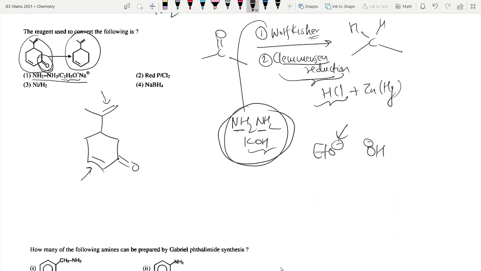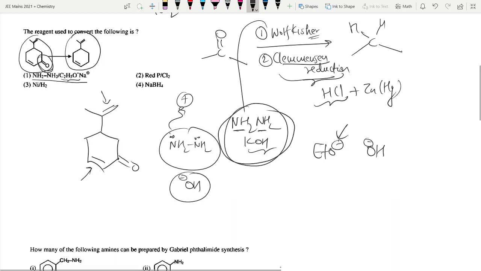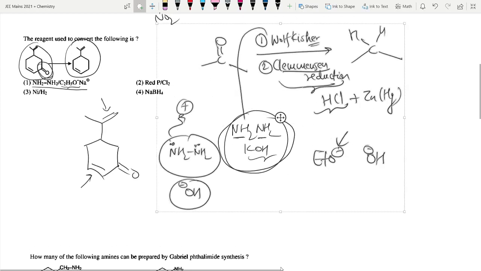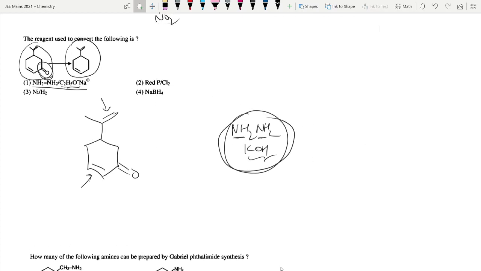A double bond attracts electrophiles, but NH2 is not an electrophile, because it has nitrogen with lone pairs. It could get attracted towards positive centers and attack there. OH minus is of course not an electrophile either; it also has enough electrons. So Wolff-Kishner reduction is the better answer here.